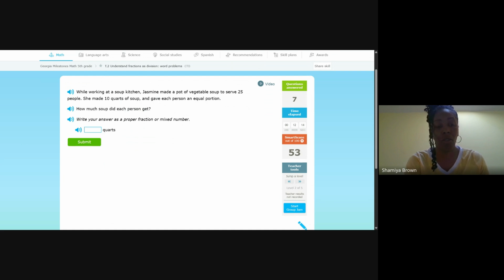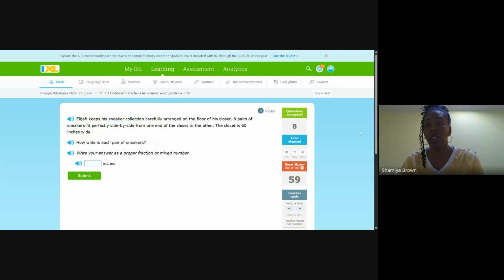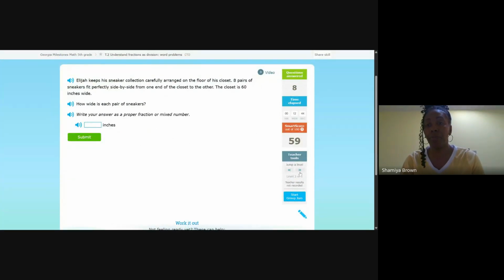So the 10 quarts of soup was going to have to be split among the 25 people. So there's 10 split by the 25 people. 10 divided by 25. Got it? Okay, next level.